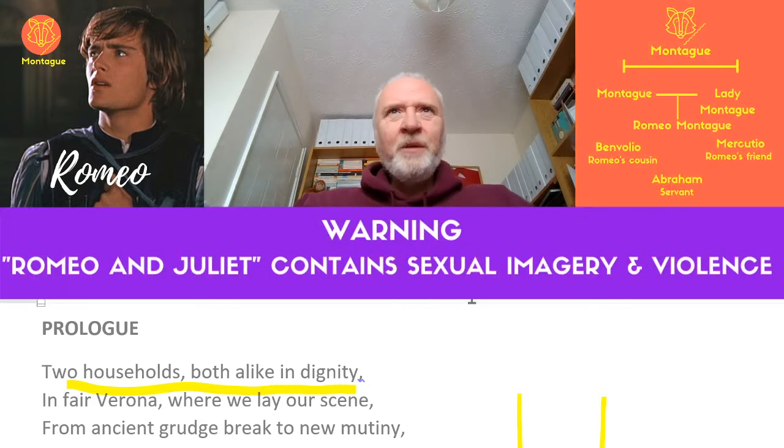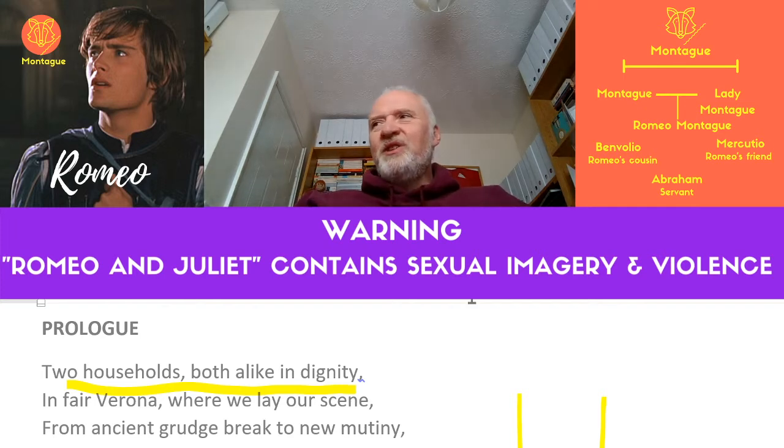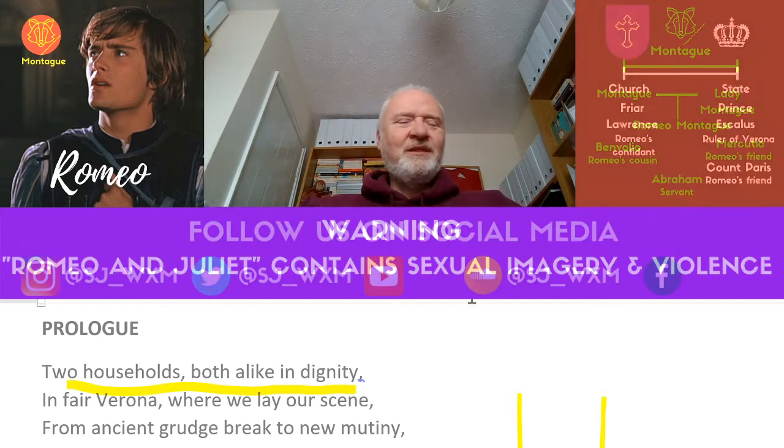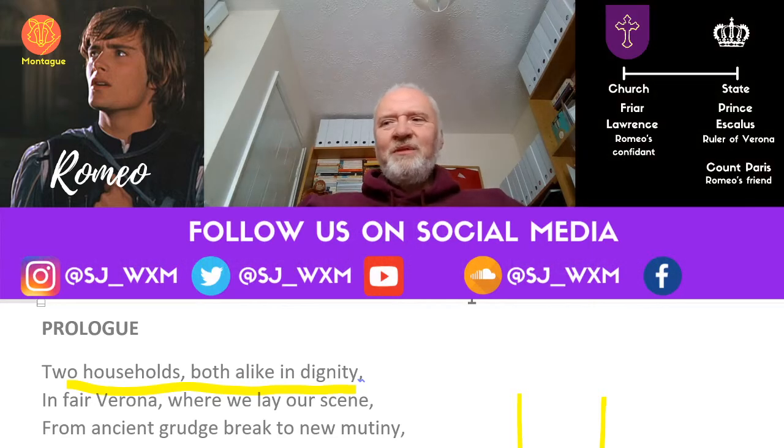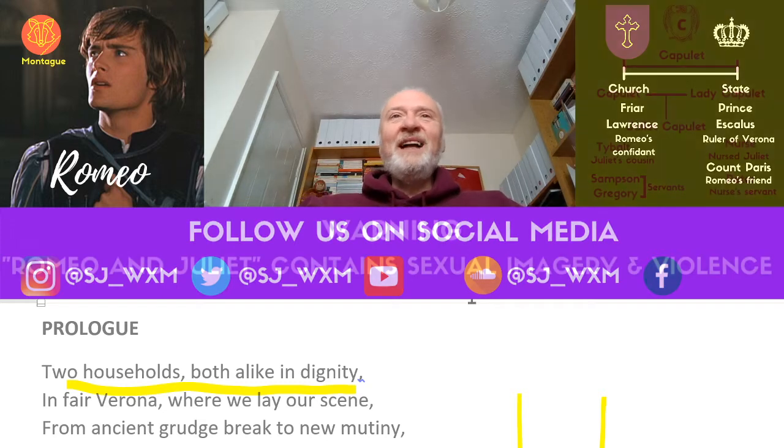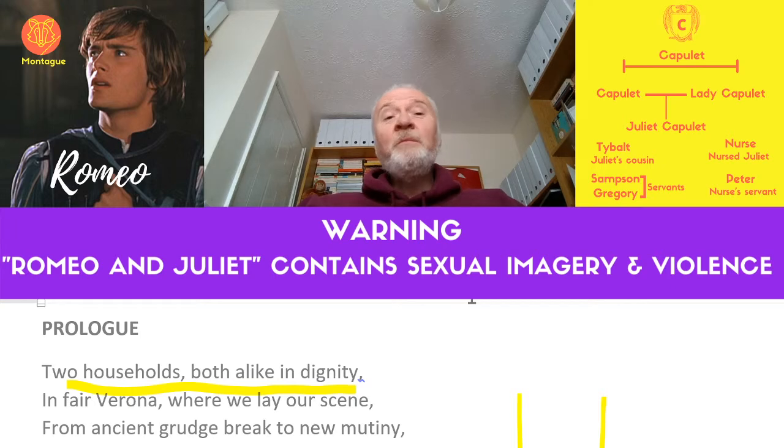I'm going to read you the prologue, which is also kind of background. Prologues would be done basically because a lot of the audience maybe weren't that bright, might not actually follow what's going on, and so they needed a bit of a hand, and that bit of a hand came in the form of a prologue, where essentially they tell you what's going to happen in the play.